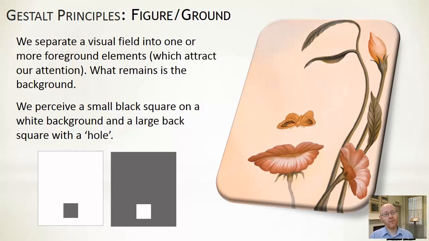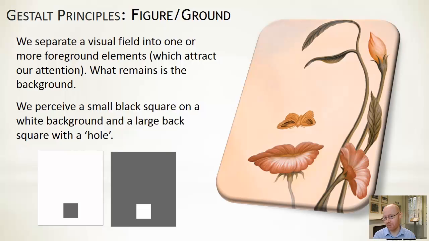Figure and ground, we're getting onto the end of the gestalt principles that we're putting in. Again, this is quite a relevant one. So when we look at something, we generally try to separate a scene into foreground elements. These are things that attract our attention, and the rest we generally classify as background elements. And the brain actually can swap between these 2 different things.